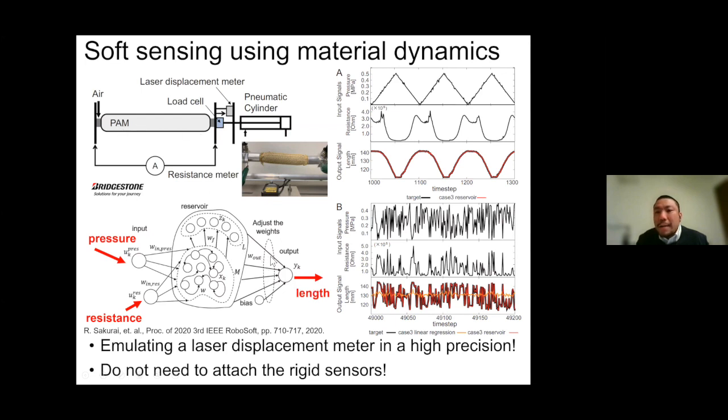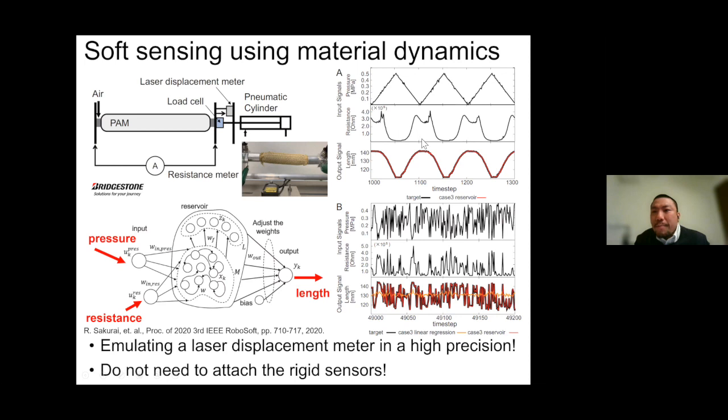Usually this length is measured by using a laser displacement meter. But of course, these sensory devices are rigid, so we want to detach these devices to maintain the softness of the system. So we try to emulate this laser displacement meter by using this reservoir computing approach.